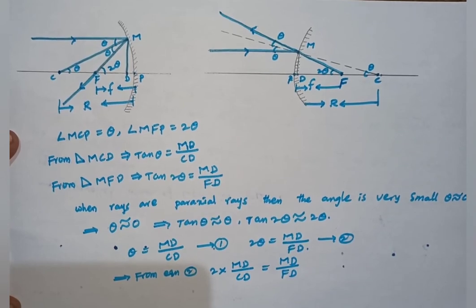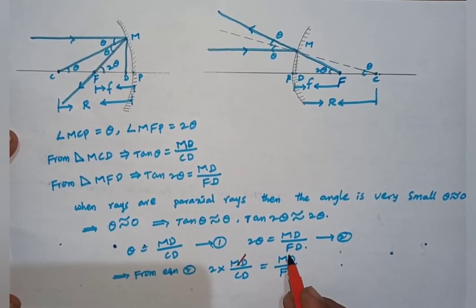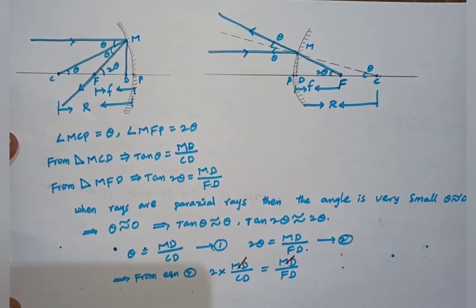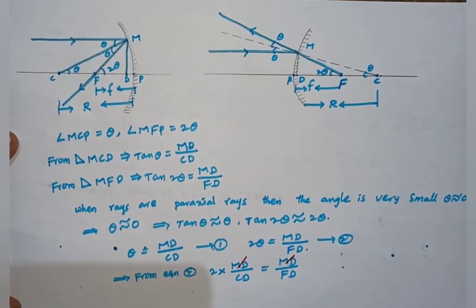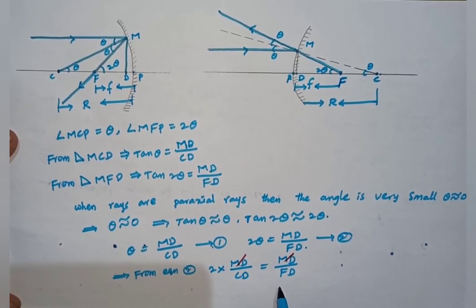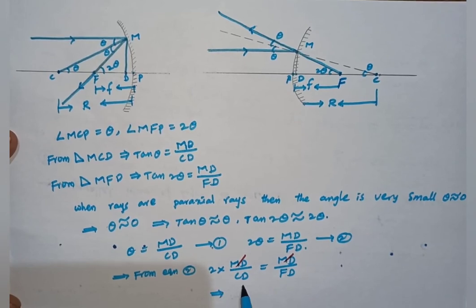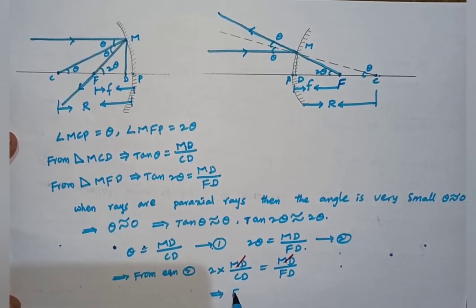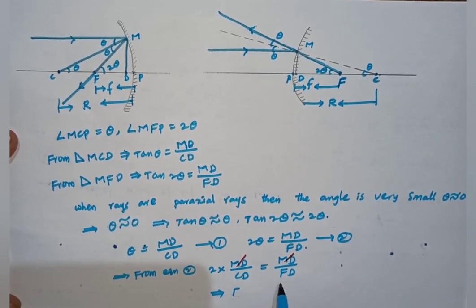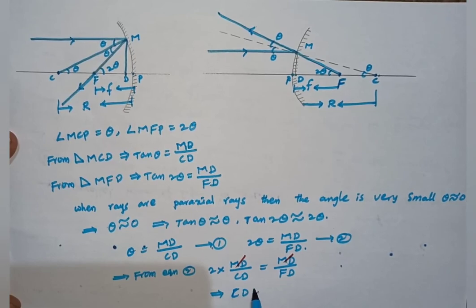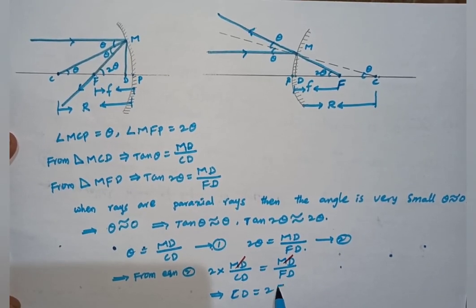Now MD gets cancelled, so then CD equals 2 into FD.